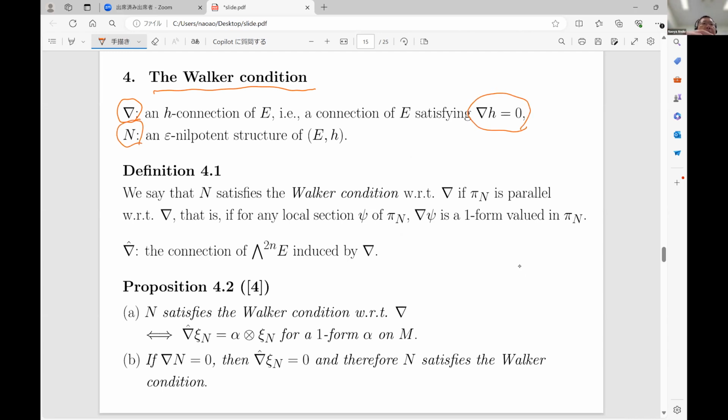Let large N be an epsilon nilpotent structure of EH. Then we say that N satisfies the Walker condition with respect to nabla if pi_N is parallel with respect to nabla. In other words, if for any local section psi of pi_N, nabla psi is a one-form valued in pi_N.